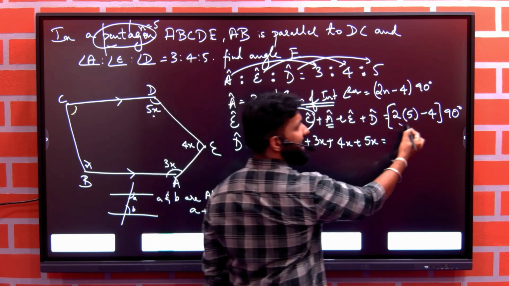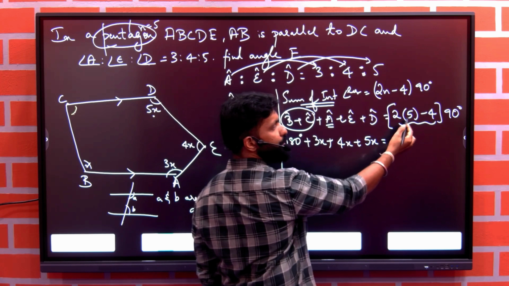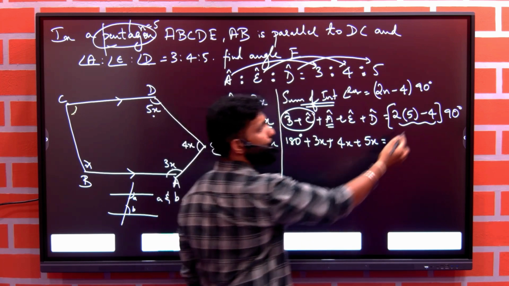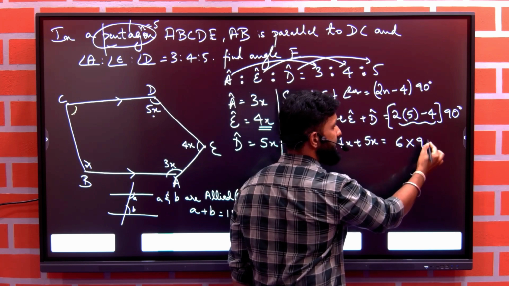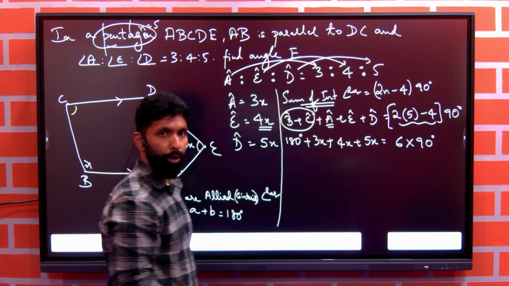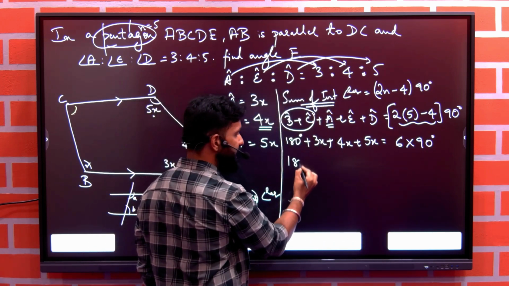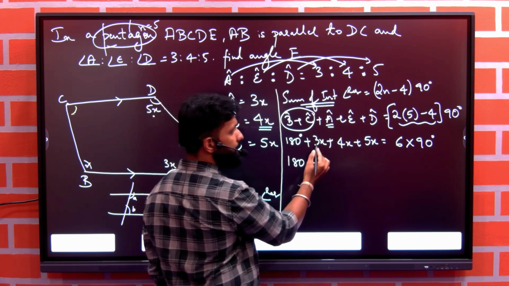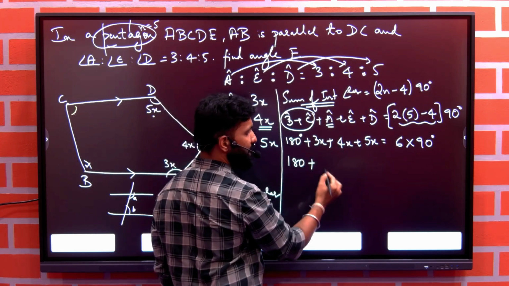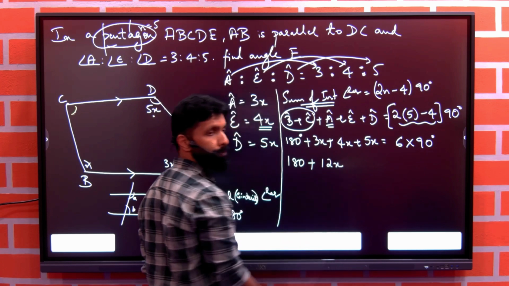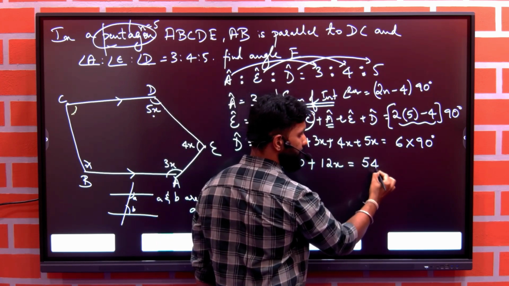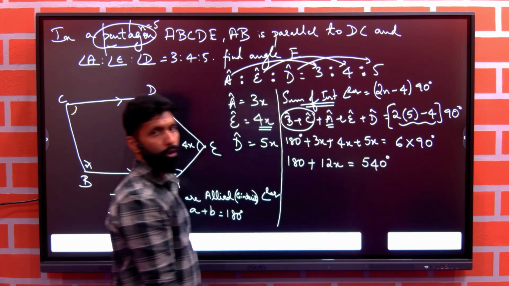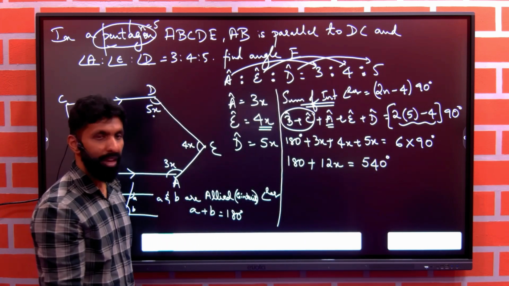We can do this calculation very easily. 2 times 5 is 10, 10 minus 4 is 6, 6 times 90. I hope you're understanding. So 180 plus 3 plus 4 is 7, 7 plus 5 is 12x, is equal to 6 nines are 540. 6 into 90 is 540.